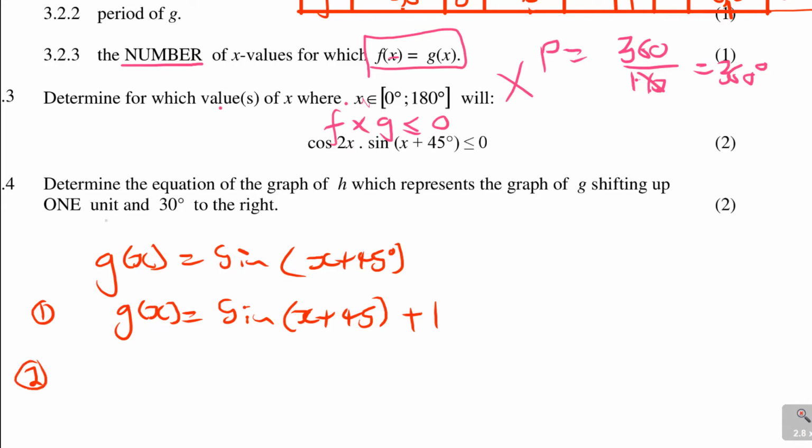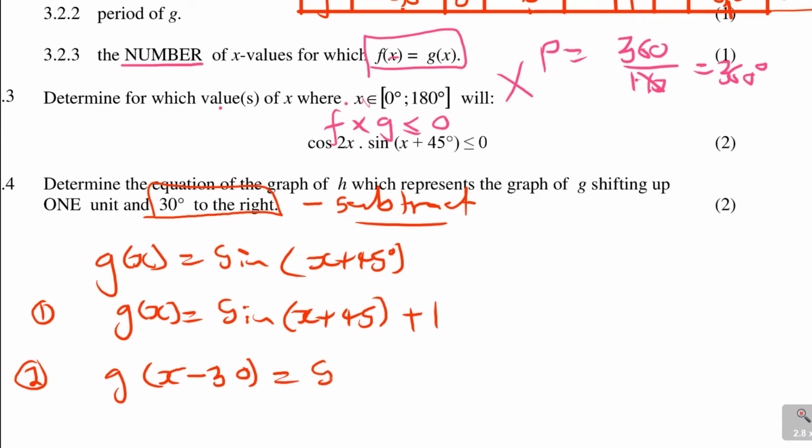Number 2, then they say 30 degrees to the right. Now when you're moving to the right, you subtract inside with the x. So g of x, remember to the right, it will be x minus 30. You don't add. So it will be sine, where there is x, you say x minus 30 plus 45 and then plus 1.